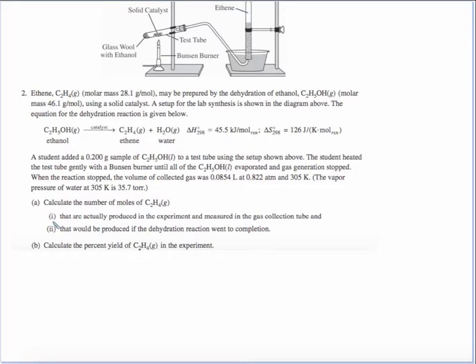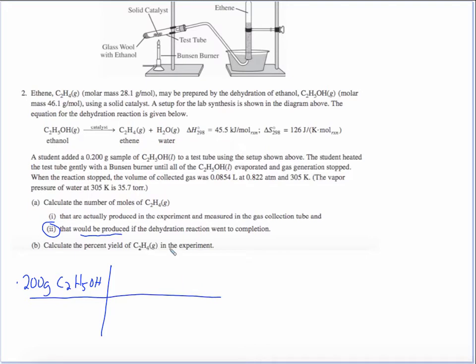Okay, let's do this one right here. That would be produced if the dehydration reaction went to completion. So this one is saying if all of the ethanol would react, how many moles of this ethene would you get? It's giving you in the problem that you have 0.200 grams C2H5OH.